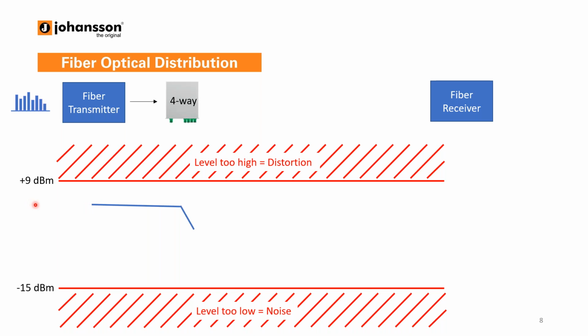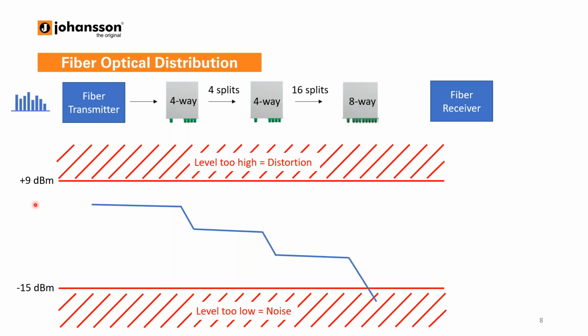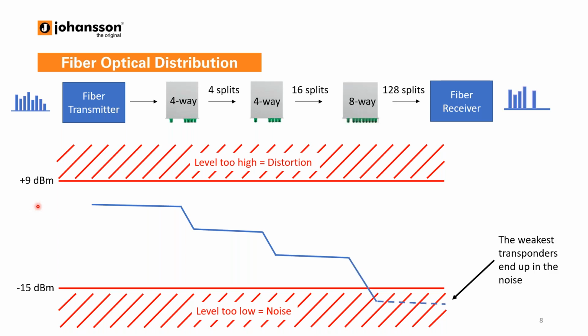And of course, if you then start splitting the signal using passive optical splitters, the signal will always go down. Every time you add a splitter, the signal strength goes down. At the end, if you do too many splits, the result will be that your weakest transponders end up in the noise, and this results in a loss.